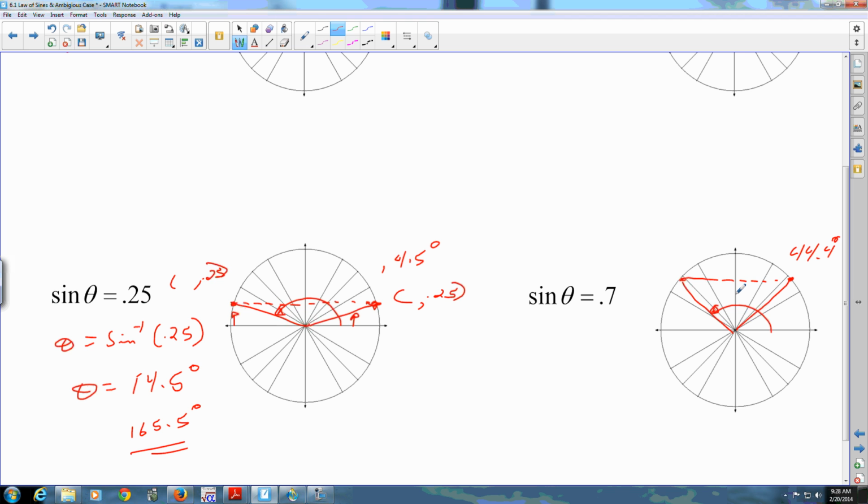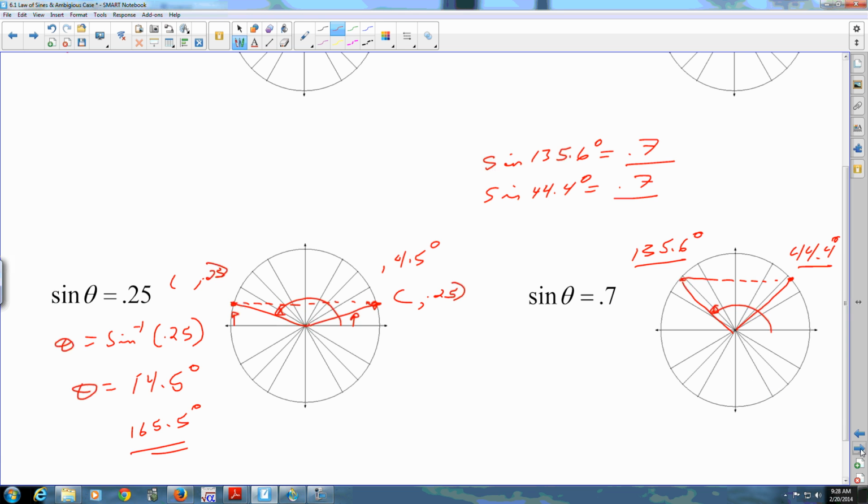So 180 minus 44.4 degrees is 135.6. The two angles are supplementary. To try and drive this point home, if I take the sine of 135.6 degrees, I'm going to get 0.7. If I take the sine of 44.4 degrees, I'm going to get 0.7. They have exactly the same y value. Okay, why is this important?